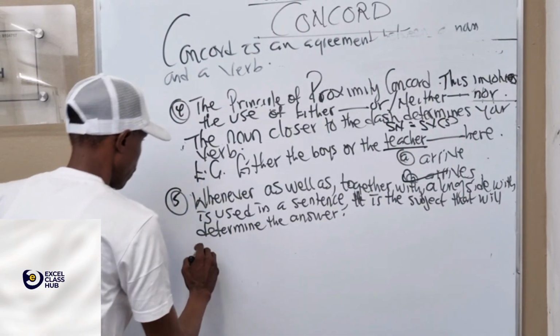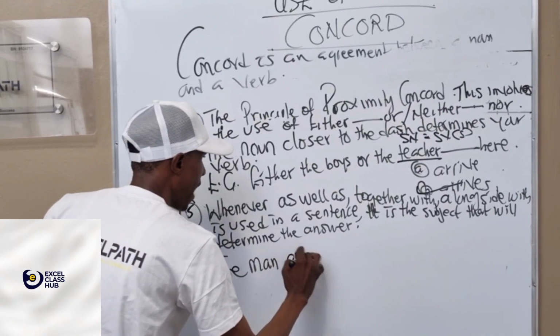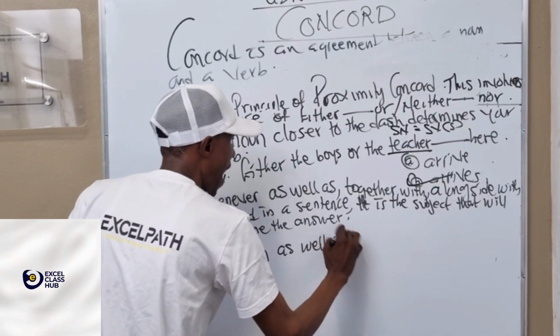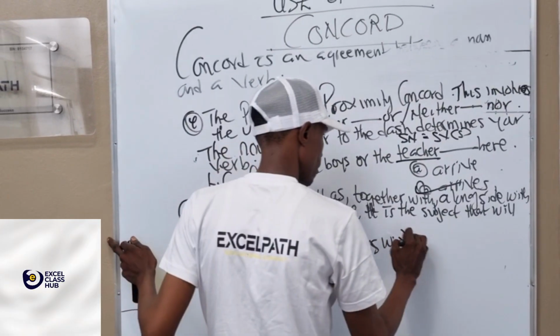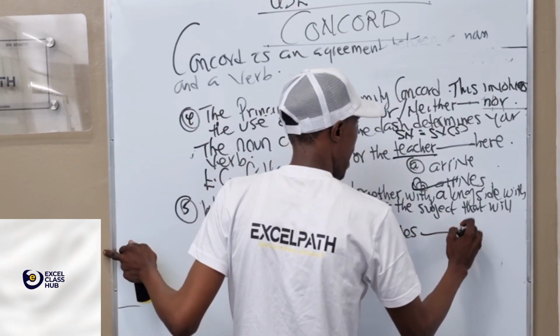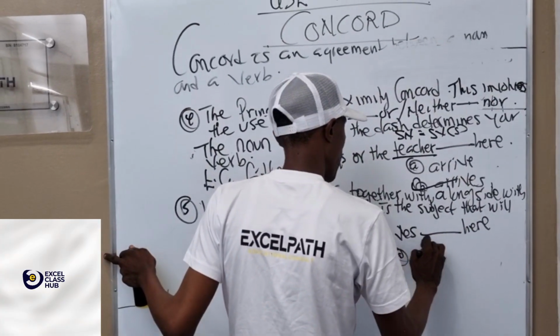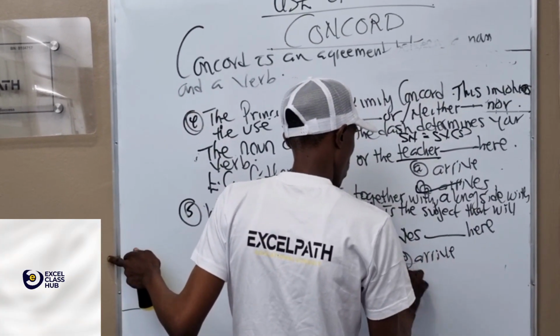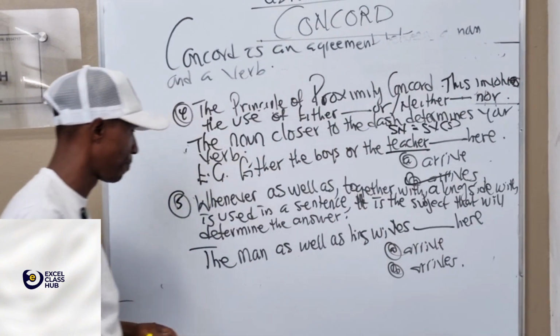Take for instance, the man as well as his wife arrives here. We have arrive, we have arrives. Now look up.